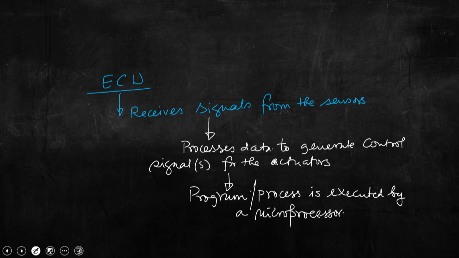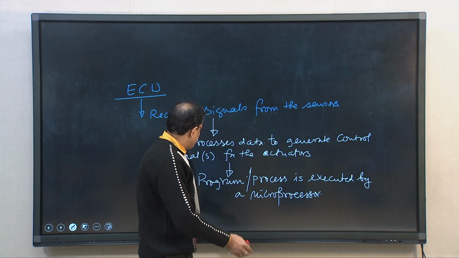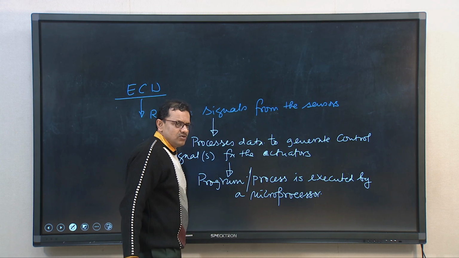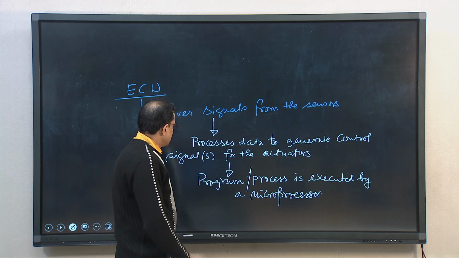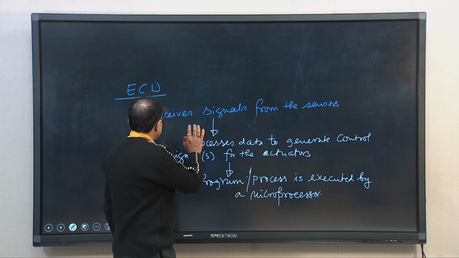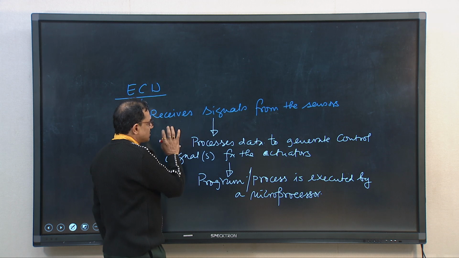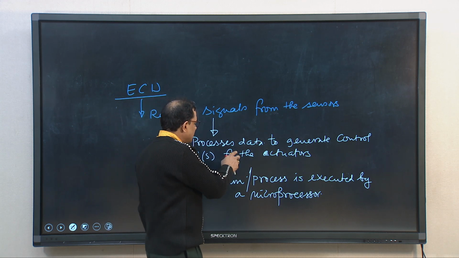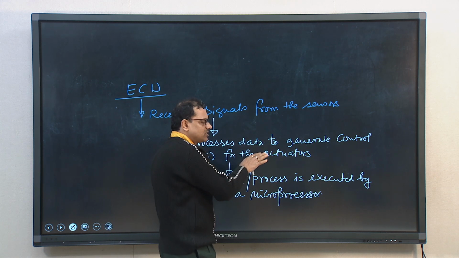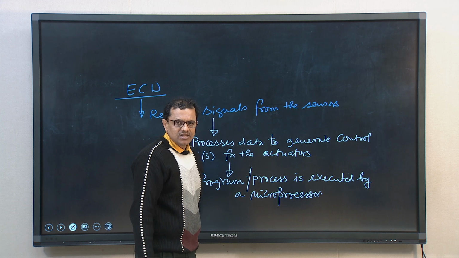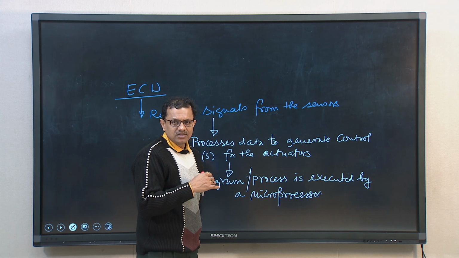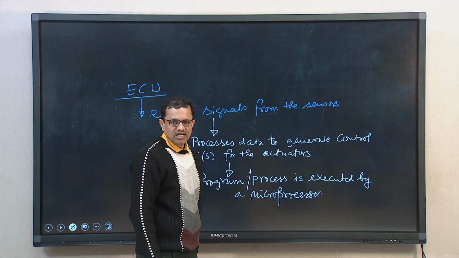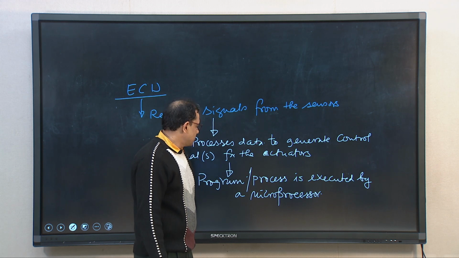so essentially there will be some inbuilt program, and that program is stored in the memory of ECU, okay. So, what we can see, ECU will receive signals from the sensors. Receiving signals, ECU is capable of processing data to generate control signal for the actuators, that is to provide some measured output that we could see from our previous block diagram of the closed loop control system.